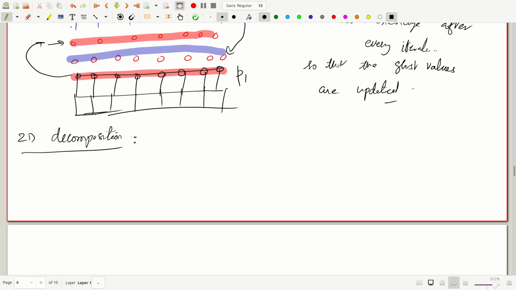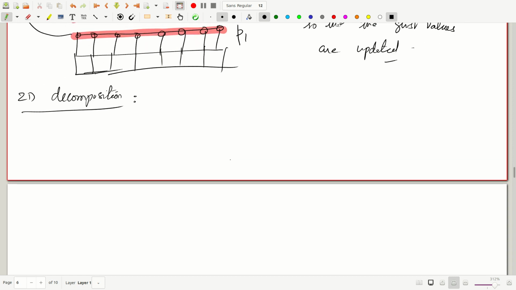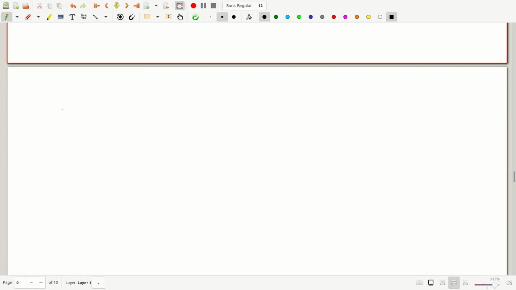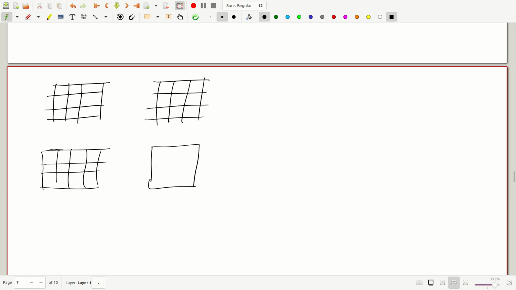And if we have a 2D decomposition, I'm drawing here how the mesh looks after the decomposition. So I separated it: let's say we have 1, 2, 3, 4, 1, 2, 3, 4. So these are all together, and I made them separate processes here.